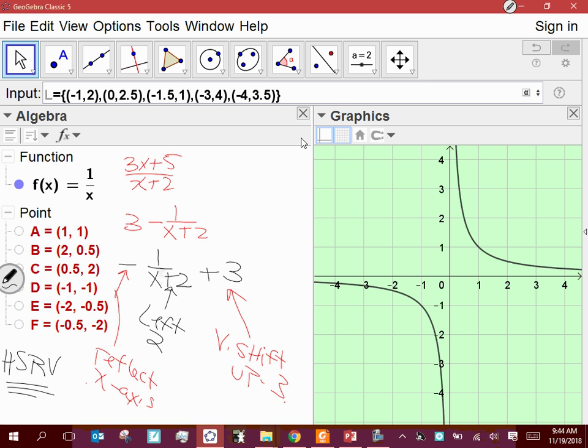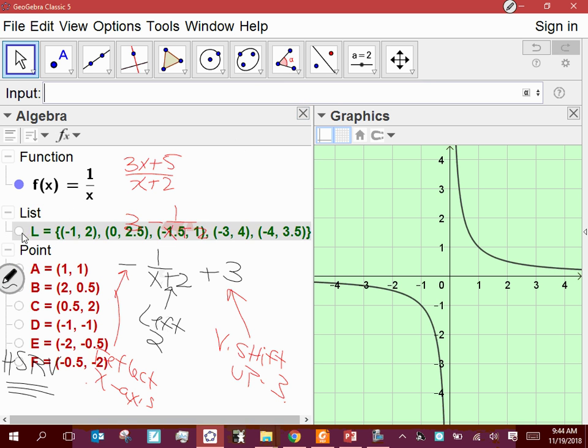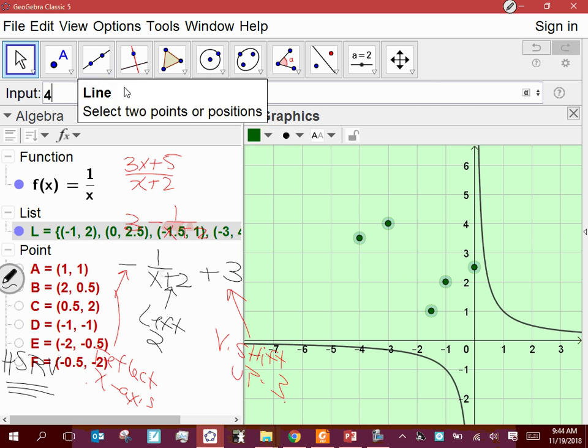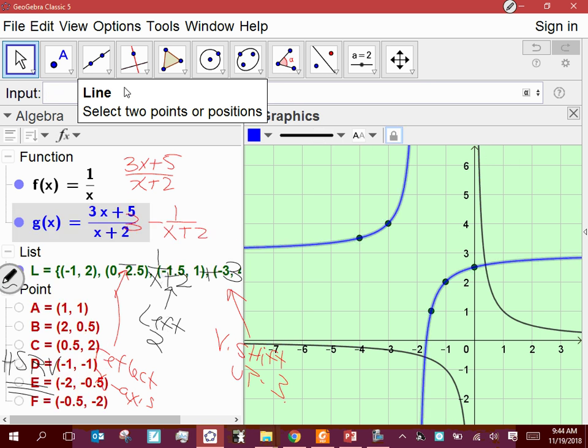Okay, so now I'm going to graph those all at once. So it gives you those points there. And now I'm going to see if 3x plus 5 divided by x plus 2 goes through those points. Does that kind of make sense to everybody? So you can use your parent function points and use transformations to develop that blue curve.